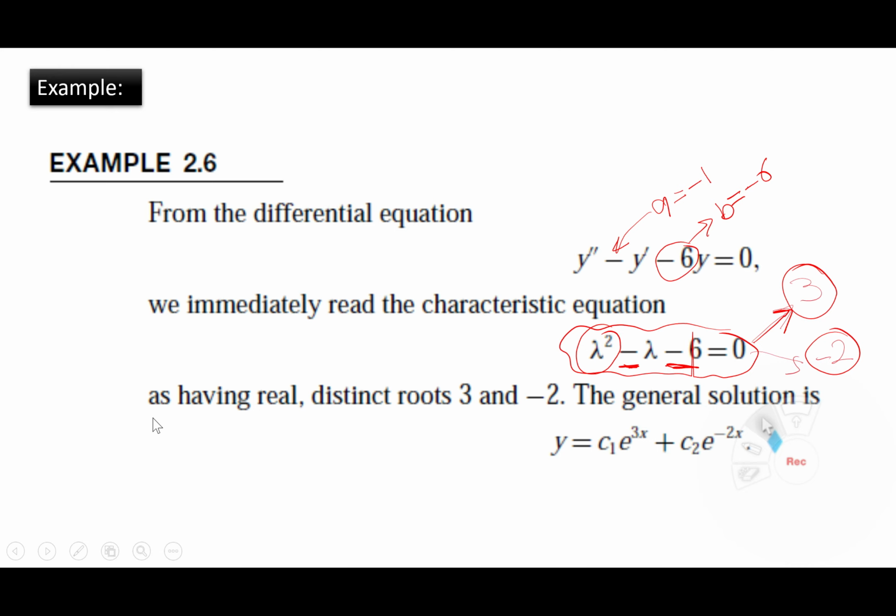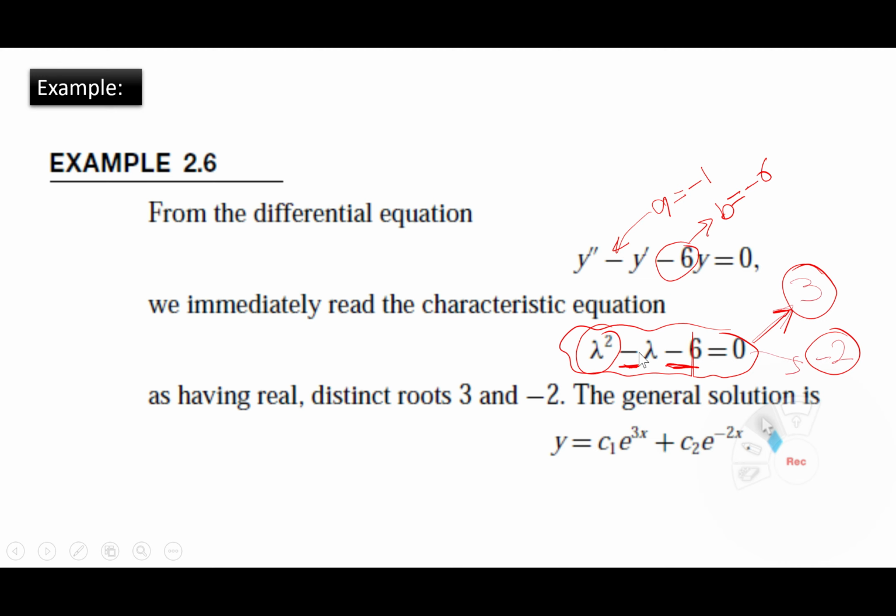So as having real distinct roots, this is the case for us. If you check the radical for this equation, you are going to find it larger than 0. And getting the coefficients a and b is very easy from the equation here. This is a, this is b.